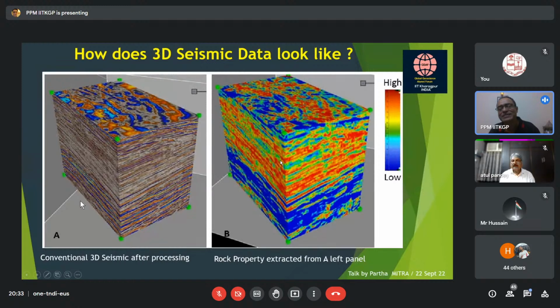That's the reason why I'm saying it is not just physics, it's mathematics also. So using a mathematical model, we convert this two-way time property, which we call a reflectivity series, to a rock property model, which gives you a more confident way to look at Mother Earth.